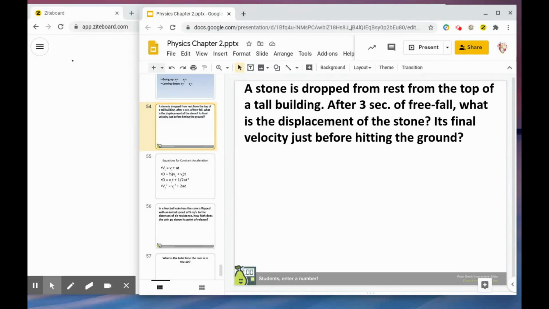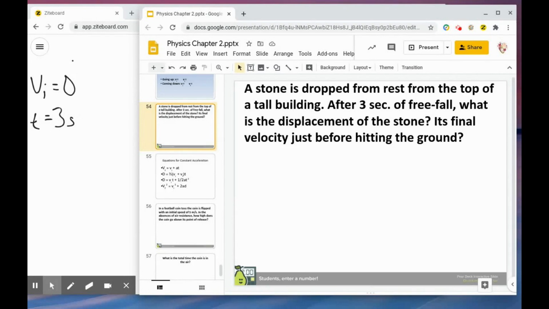All right, as we look at this problem, it says a stone is dropped from rest from the top of a tall building. So we can go ahead and write drop from rest. Our VI, we know is 0. After 3 seconds of free fall, so our time is 3 seconds.